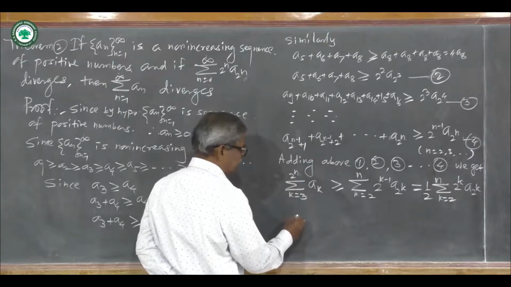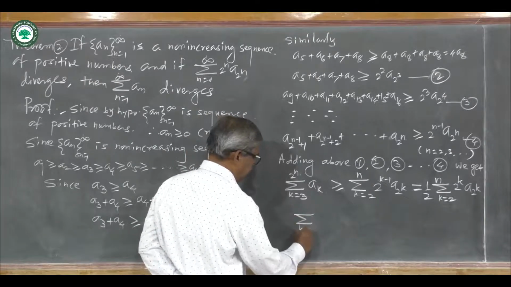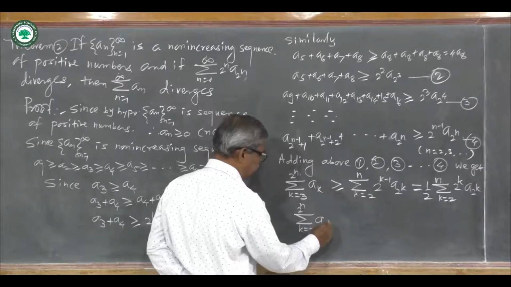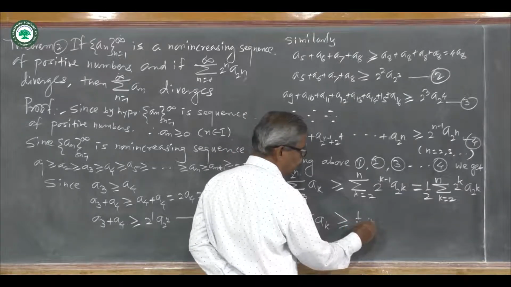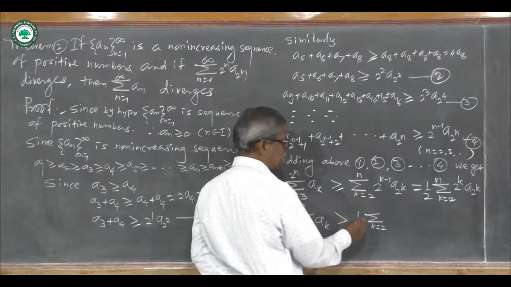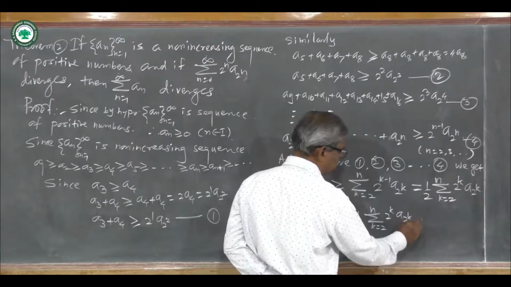That is sigma k is equal to 3 to 2 raised to n, A suffix k is greater than or equal to 1/2 times summation k is equal to 2 to n, 2 raised to k into A suffix 2 raised to k.